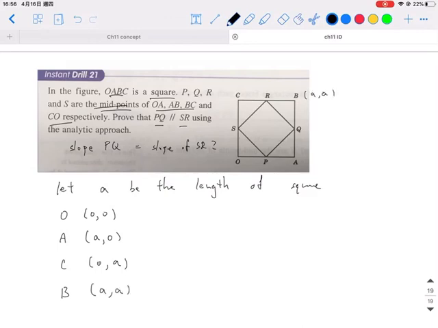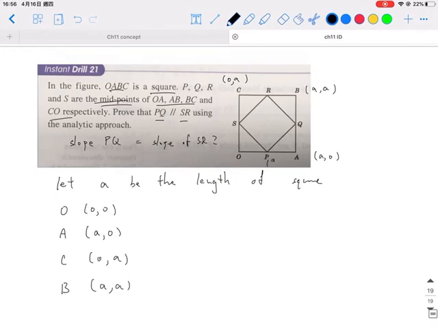So I'm writing down like this. And once you finish the coordinates of OABC, you can find the coordinates of PQRS, right? Because they are midpoints. So P will become A/2, 0. And then Q, the x coordinate is A, and the y coordinate is A/2.